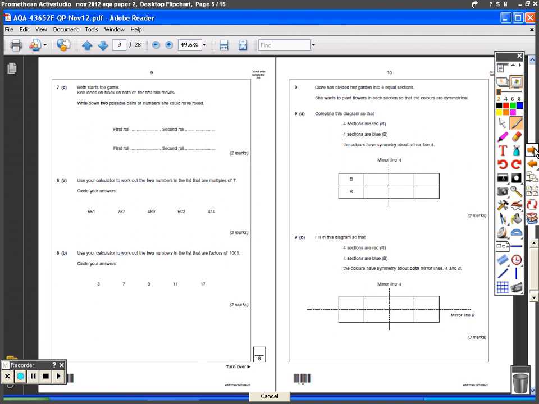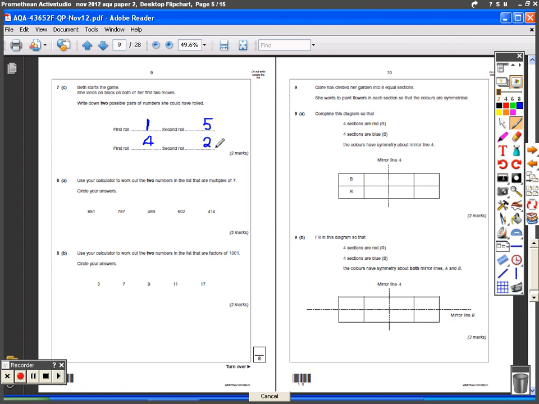So, she could have rolled a 1 in her first roll, and then a 5, so that would be on square 6, which you've just seen is black. She could have rolled a 4 on the first roll, and a 2, so that she'd end up on the 6 as well.